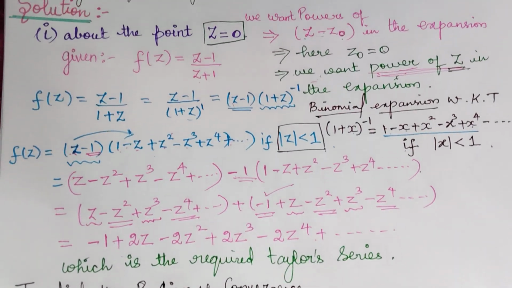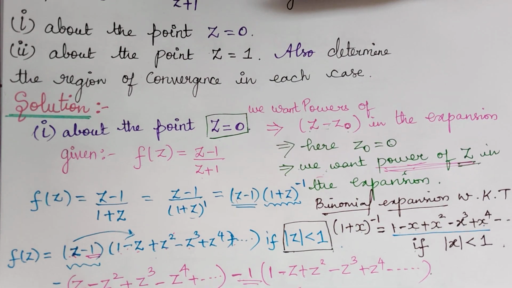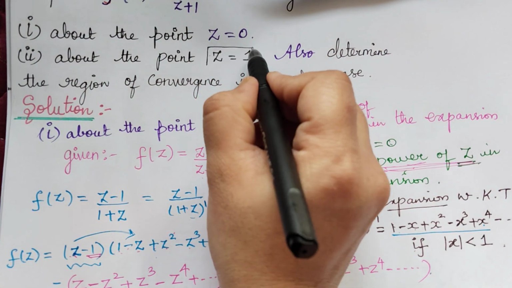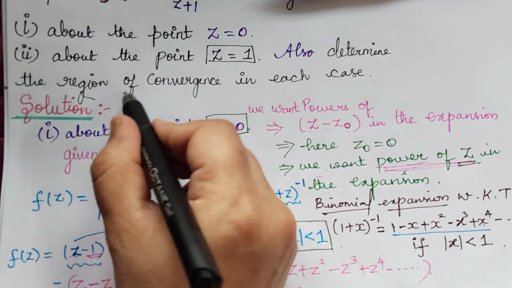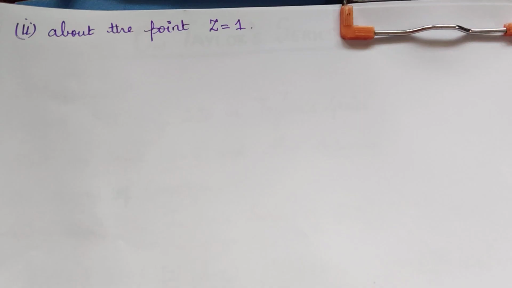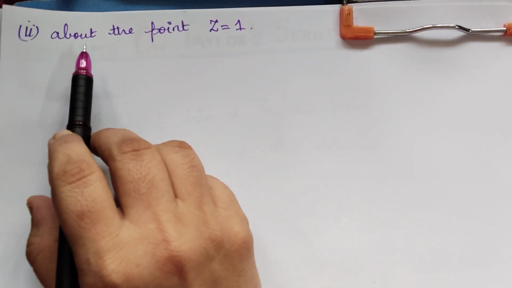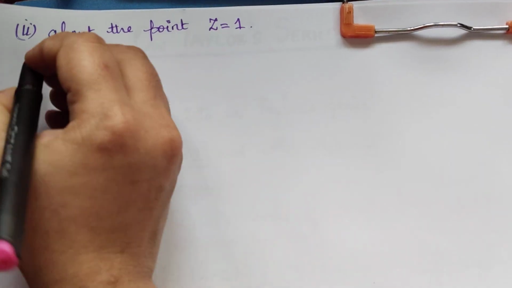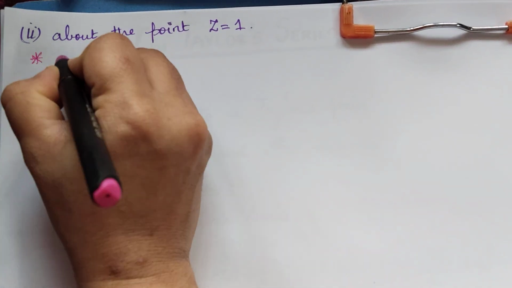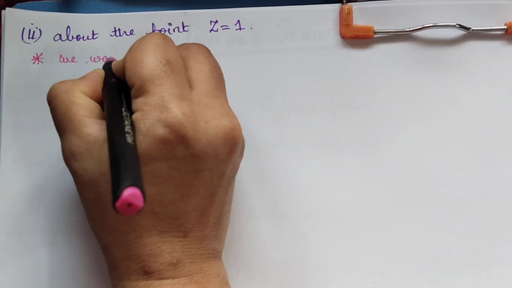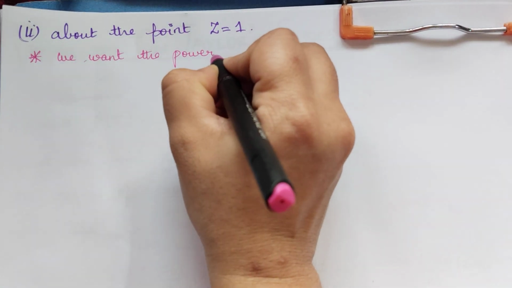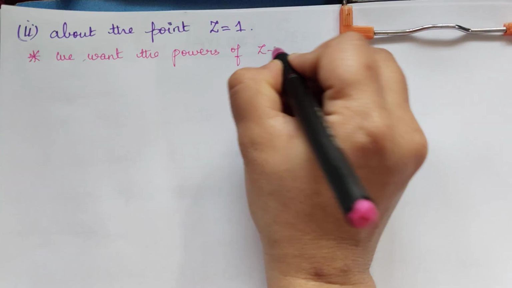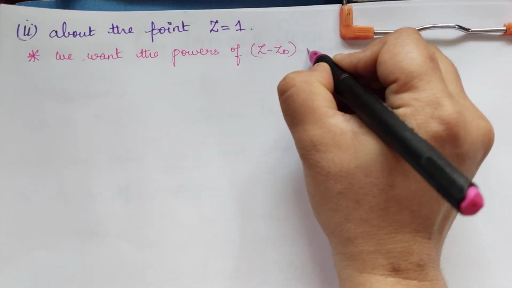That is, we have to find the Taylor series expansion about the point z equal to 1 and also the corresponding region of convergence. So now we are going to find the Taylor series expansion about the point z equal to 1. That is, we want the powers of z minus z naught in the expansion.